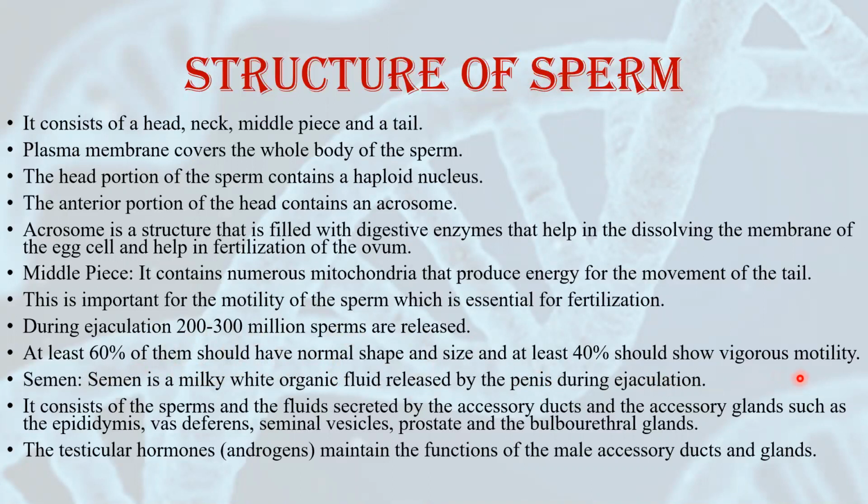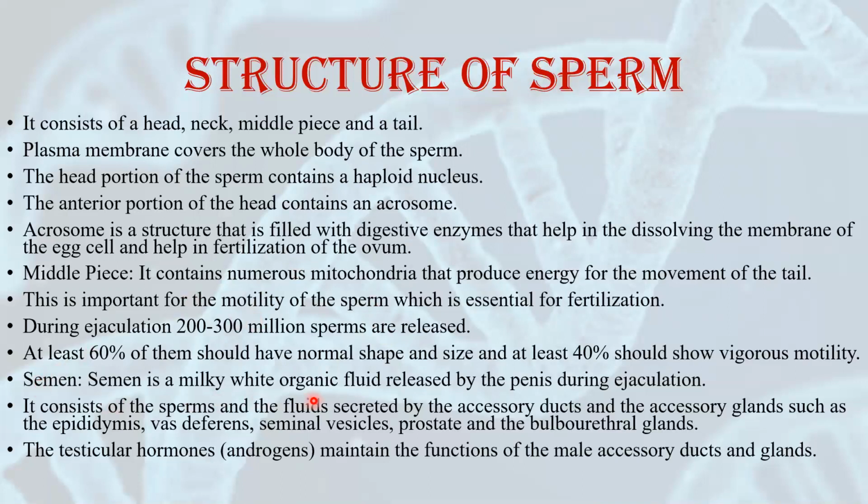That means they should be able to move. Only then fertilization is possible. Now, these sperms are not released alone. They are released along with some secretions of the accessory glands present in the male. So, along with the secretion, these sperms constitute a fluid which is called semen.